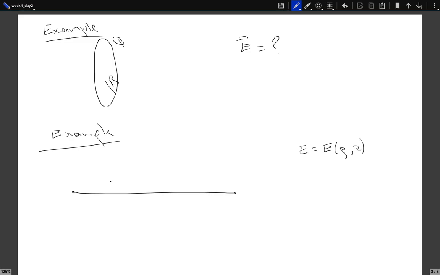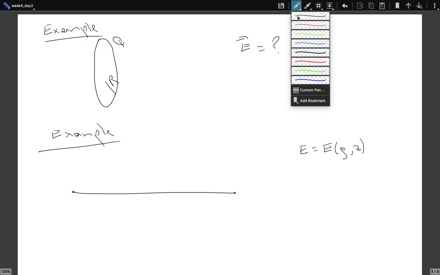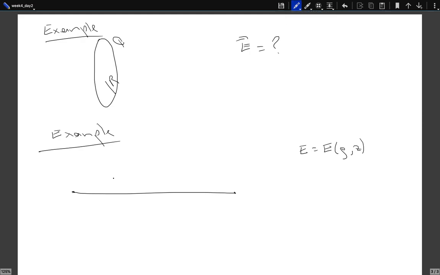You see, but keep in mind, if I imagine such a Gaussian surface, exactly as before, with a radius r, height L, even for this surface, I just imagine such a Gaussian surface.